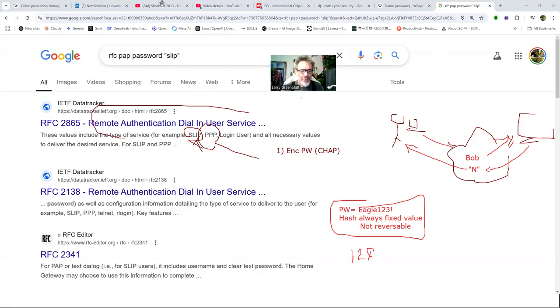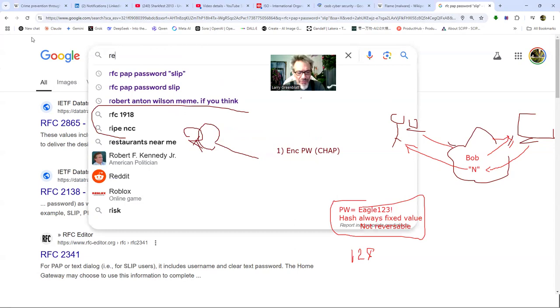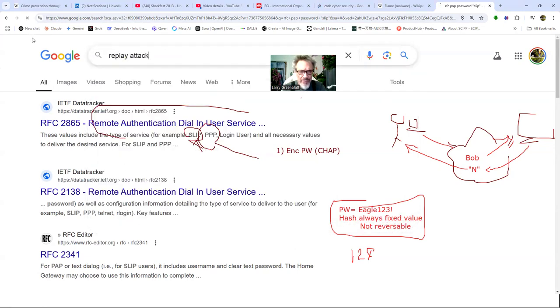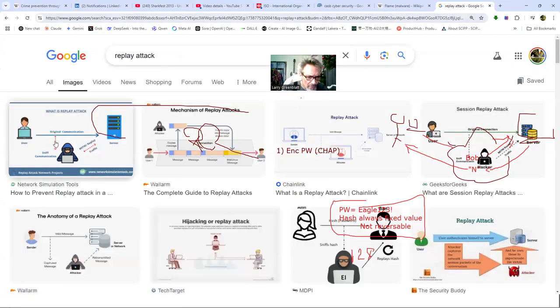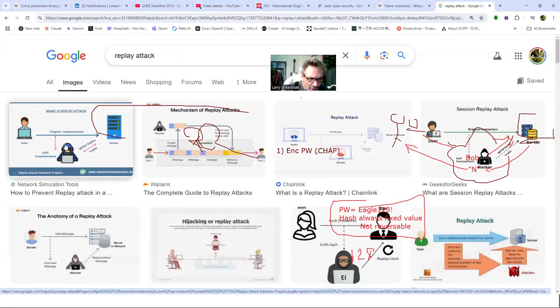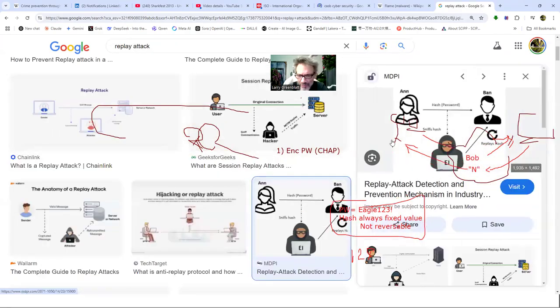But people would just sniff that out, like Eve's over here sniffing and replaying it. Since what she's replaying is a hash, they replay the hash.